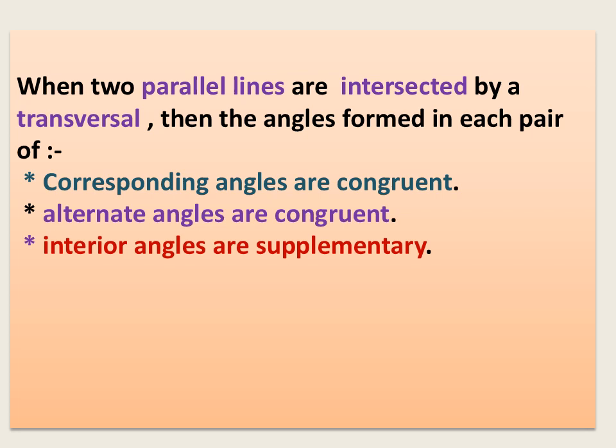They are: first, corresponding angles are congruent. Second, alternate angles are congruent. Third, interior angles are supplementary. So students, our next practice set is based on these properties. From practice set 2.2, we are going to solve the first three questions.